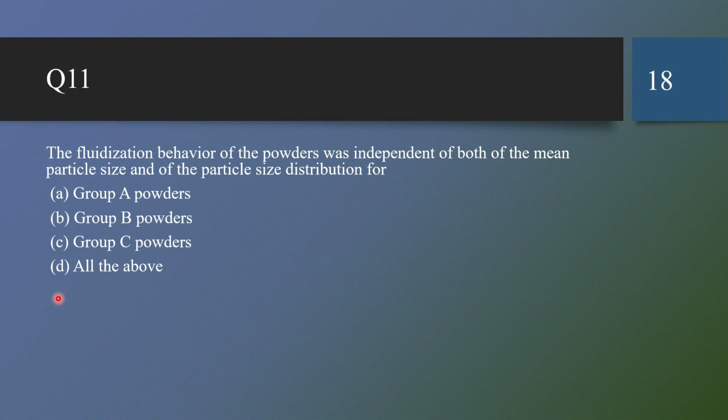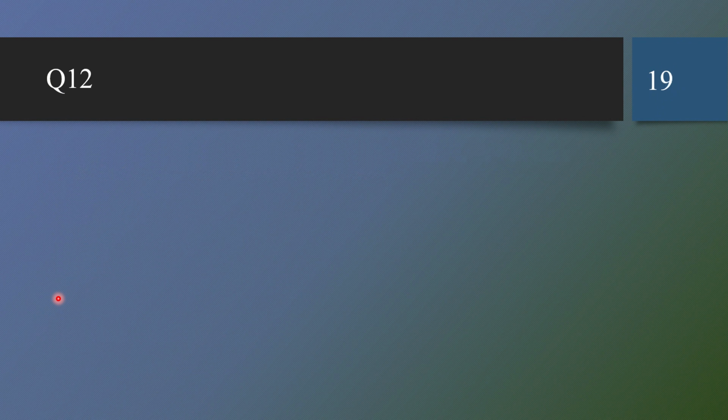Fluidization behavior of the powders was independent of both the mean particle size and of particle size distribution for group B powders. So the answer to this question is option B, that is group B powders.